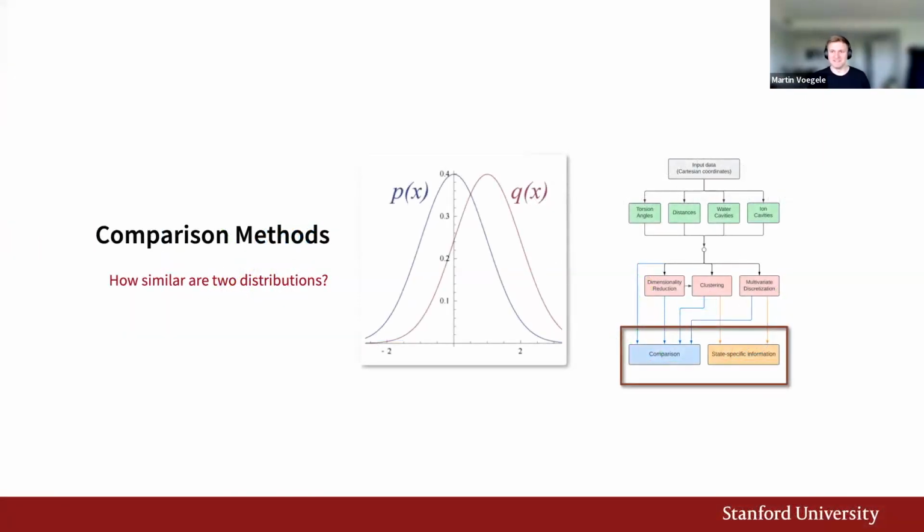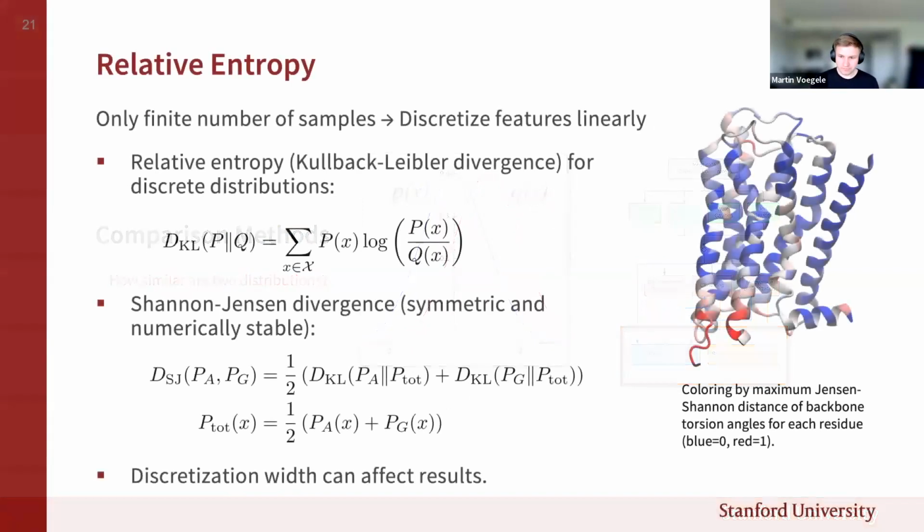which is now. Okay, so how can we compare the distributions that we have found in those features and in the processed features? Basically, this mostly boils down to the question: how similar are two distributions? We compare these two distributions in various ways. The first one is that we can calculate the relative entropy between those two distributions.